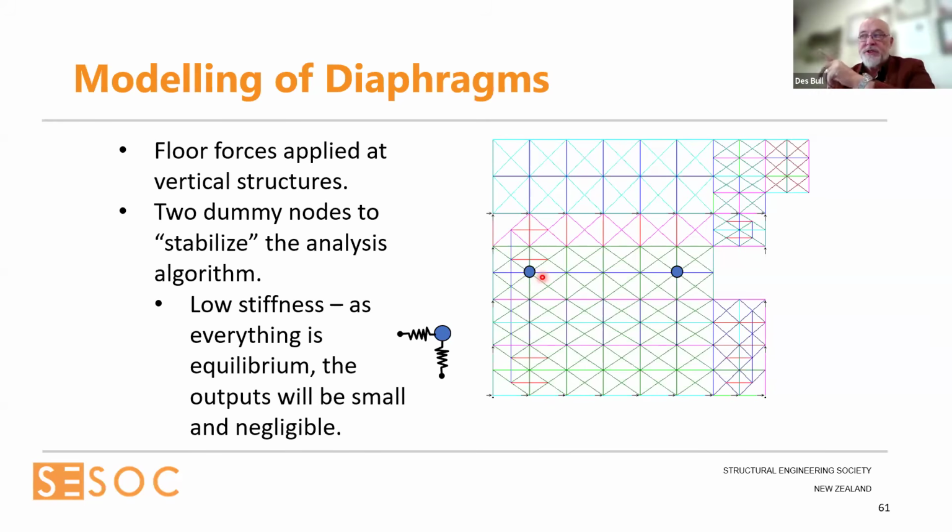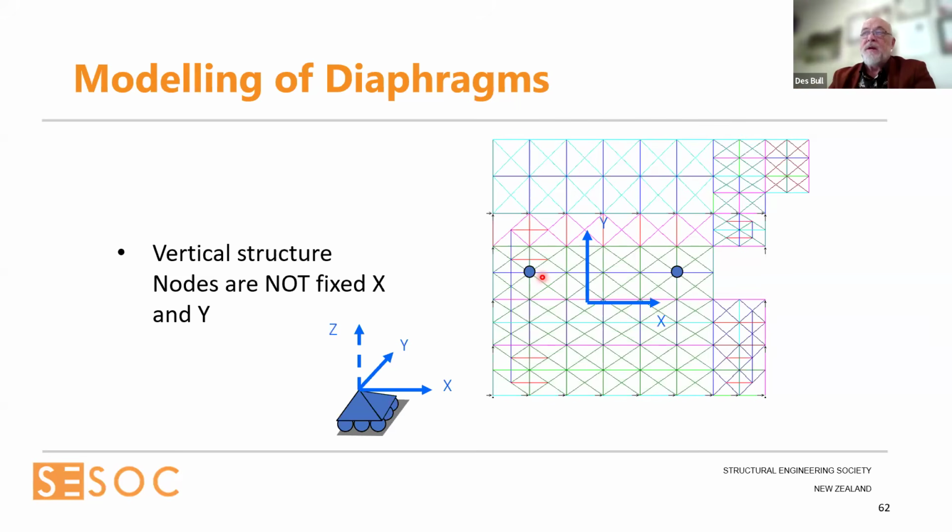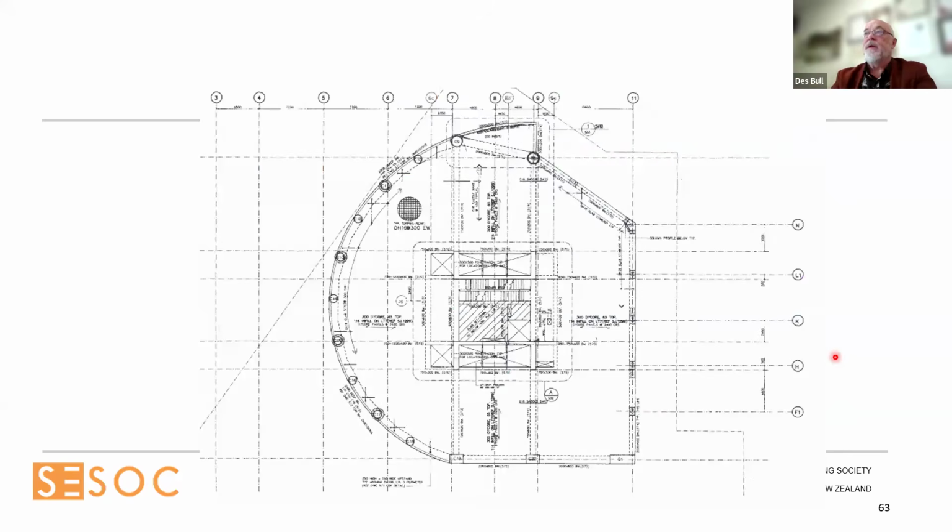Everything's in equilibrium. The forces in there should be in the low tens of kilonewtons, if that. Part of the modeling too is this is a floating plate. So it's in and out of the page, it's fixed in the Z-axis, but in the Y and X-axis, it's floating, and what stabilizes it, all these nodes here have this sort of support in the model, but these 2 dummy nodes stop the thing flying off mathematically.